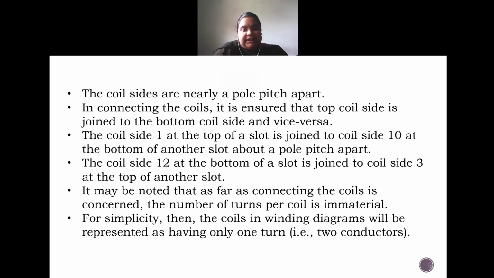In the future classes we will see these winding diagrams, and for simplicity we are not going for multi-turn coils, only single turn coils, that is only two conductors are connected for each coil.